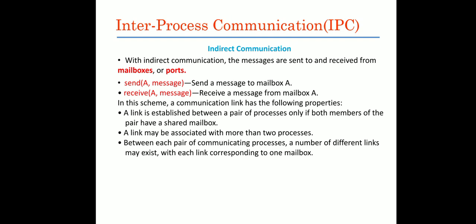A link may be associated with more than two processes, because with the help of a mailbox we can communicate with a number of processes. Between each pair of communicating processes, a number of different links may exist, with each link corresponding to one mailbox.